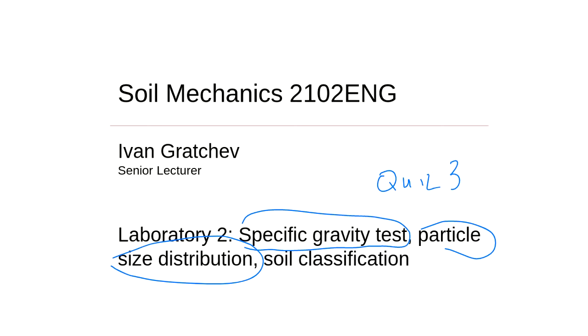This is what we'll practice today. You'll be asked to get the coefficient of curvature and uniformity. Again, we'll practice it today, and look at the plasticity chart. I don't think it's that difficult. To me, maybe it's not difficult at all. But if you practice today and prepare for tomorrow, I'm sure you will do fine.